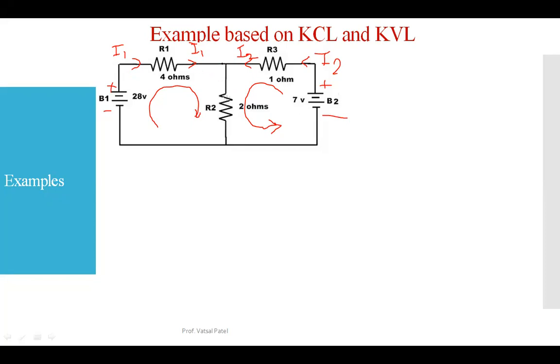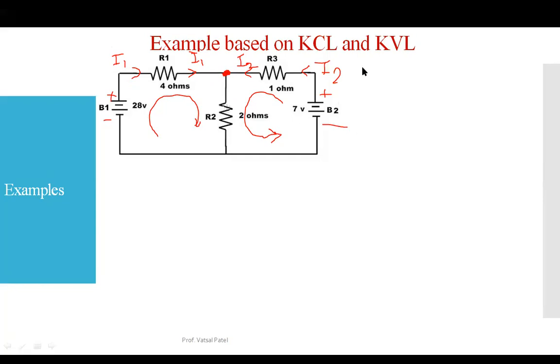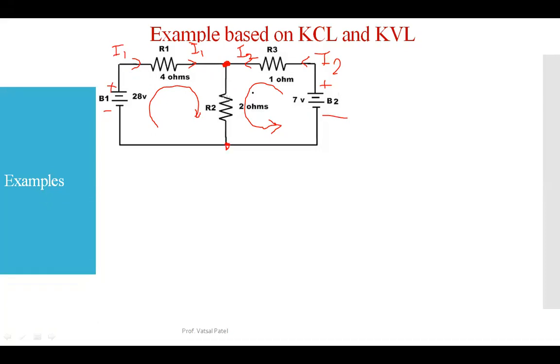See the current direction, you can see over here, this is our junction, and this is another junction we have. So the current leaving from this node is equal to what? I1 plus I2. Yes or no? From the 2 ohm resistance, if both currents are meeting at the junction, the third current will be leaving the junction. This is the fulfillment of the KCL, right?